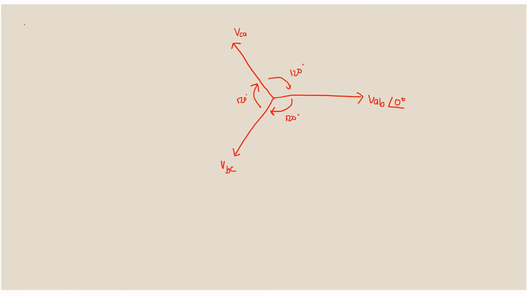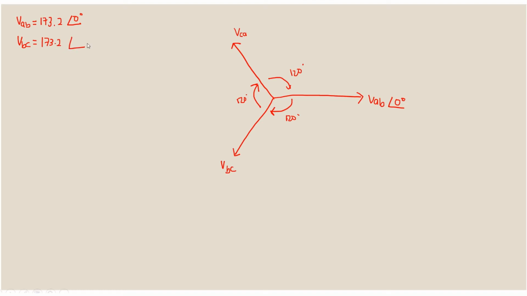So at the corner here, let's write the equation. VAB is 173.2 at 0 degrees. And your VBC has the same magnitude, because it's a balanced system.